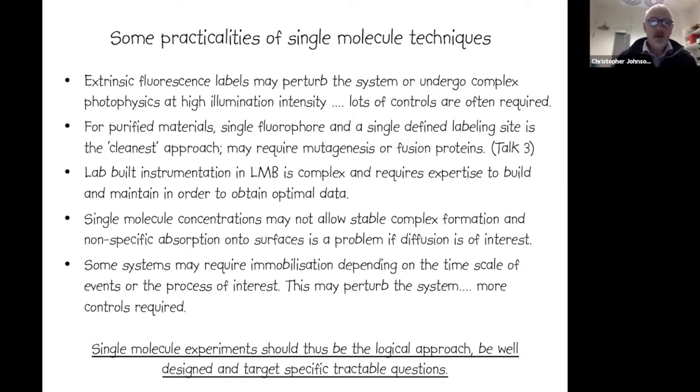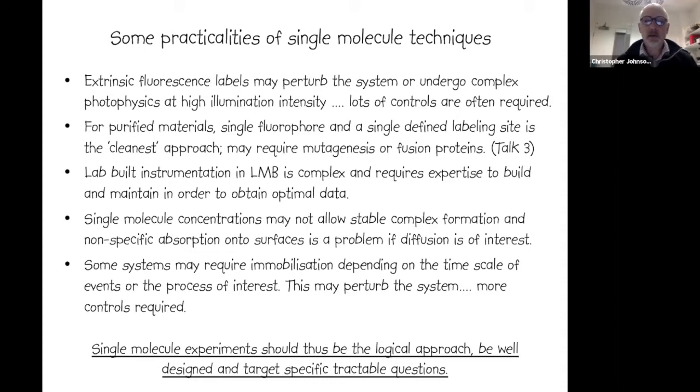So when we come to looking in vitro at purified materials, then single fluorophores or multiple fluorophores at defined labeling sites is definitely the cleanest approach and produces the most unambiguous data.